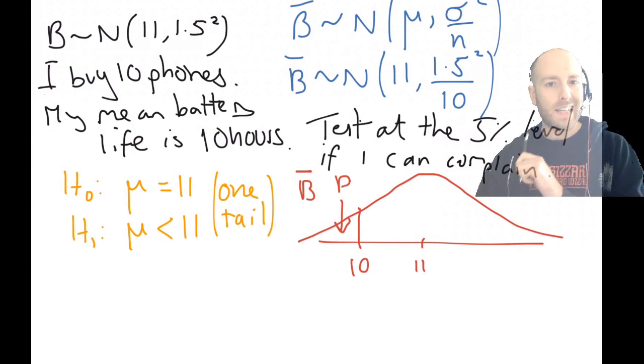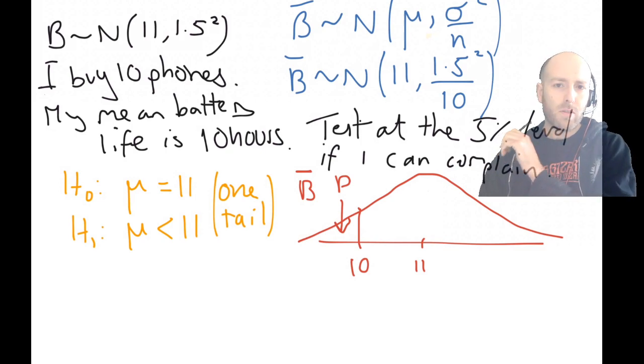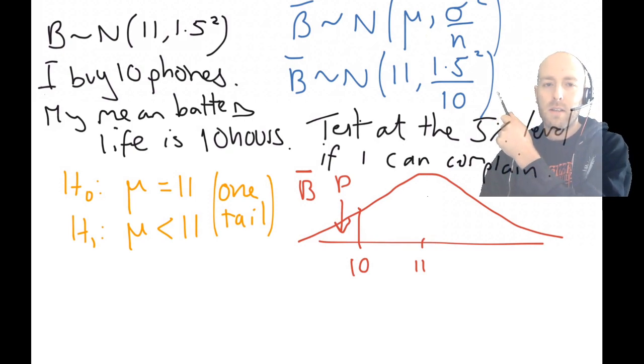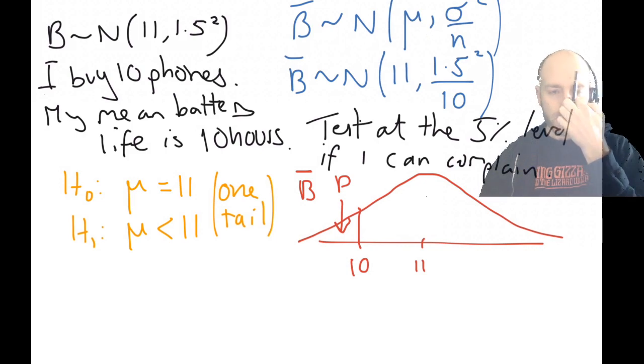If that probability is less than 5%, it means that it's less than 5% likely that a battery life was 10 hours based on this distribution. So based on Apple's claims, with our sample of 10, I shouldn't find a mean of 10 hours if they're telling the truth. So think that through again.